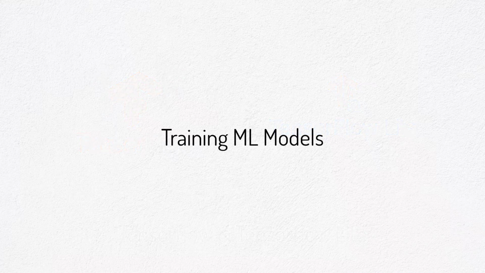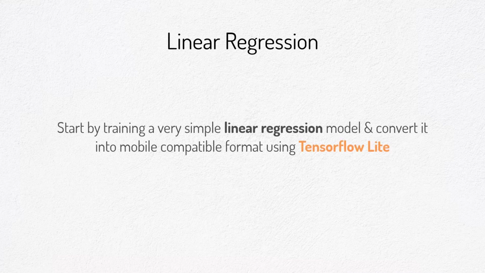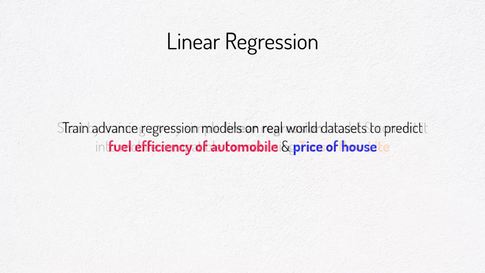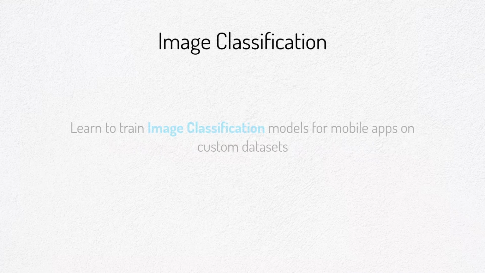So after learning everything which is required, you will learn to train machine learning models. So firstly, you will learn to train a very simple linear regression model and convert it into a mobile compatible format using TensorFlow Lite. After that, you will learn to train advanced linear regression models on real-world datasets to predict fuel efficiency of automobiles and prices of houses. And after linear regression, you will learn to train image classification models on your custom datasets.